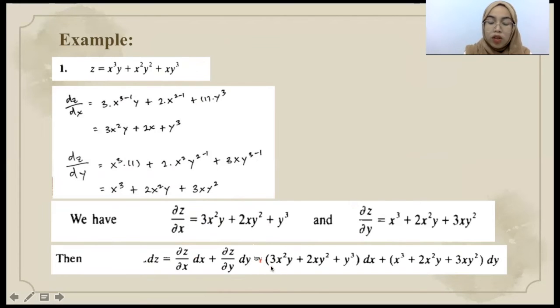So dz equals (3x squared y plus 2xy squared plus y cubed) dx plus (x cubed plus 2x squared y plus 3xy squared) dy.